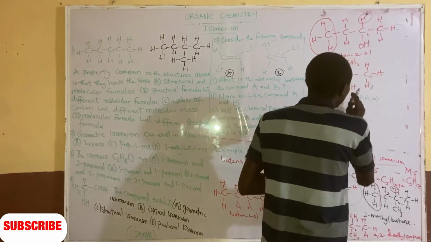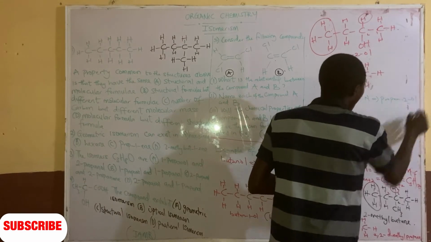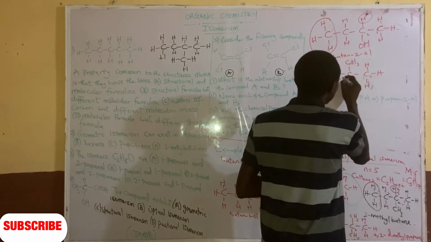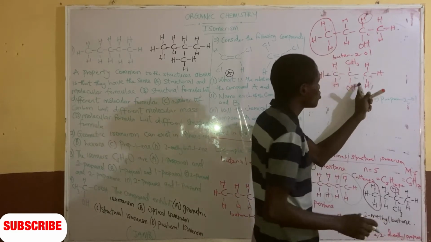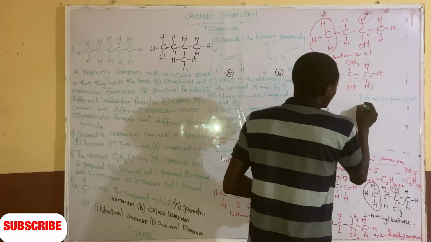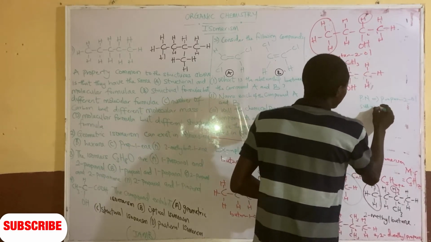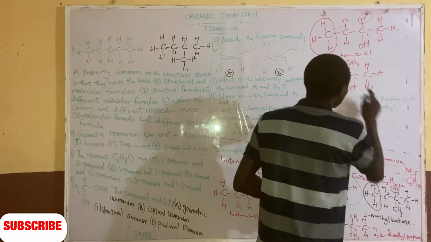Not just propanol alone, it is propan-2-ol, because this is 1, 2, 3. So this is propan-2-ol. That's the parent name. Now the substituent is methyl, and it is on position 2.